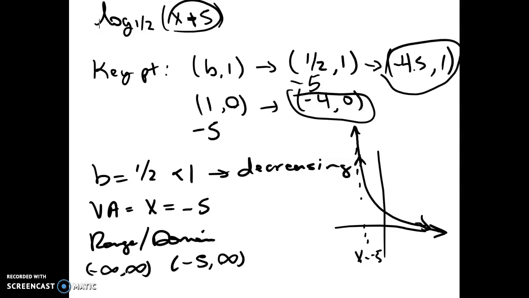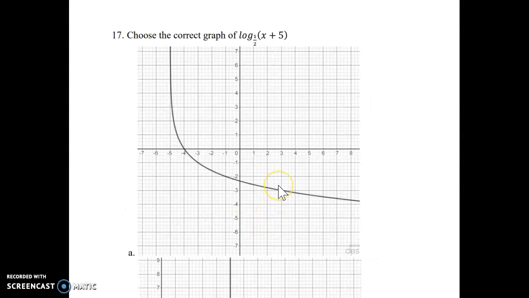So let's go to the graph and try to pick which one meets all these criteria. Okay, so the first key point is (-4.5, 1). Okay, so here is 1, and there is -4.5, so that fits. Another key point is (-4, 0), that one hits it too.